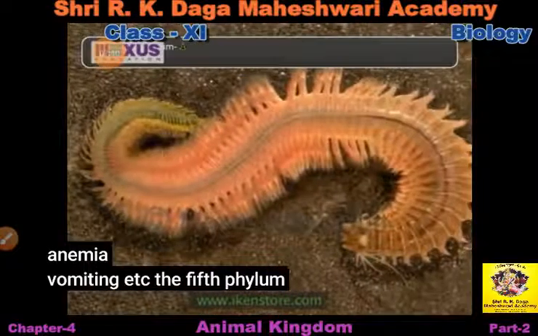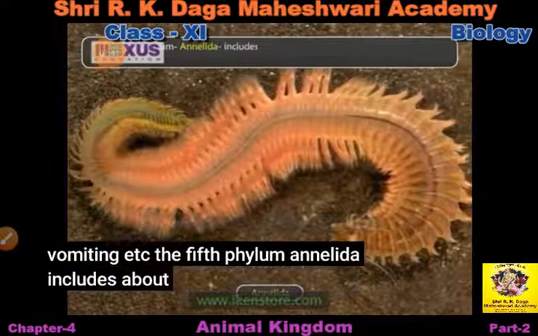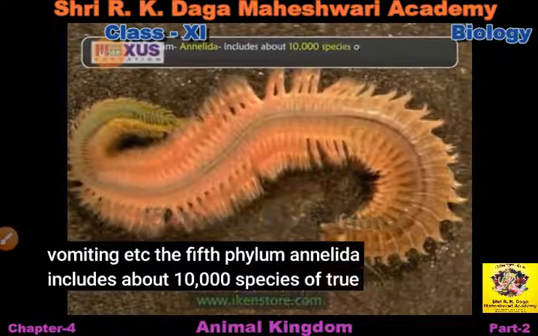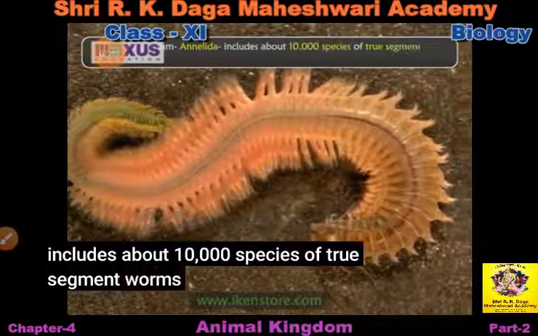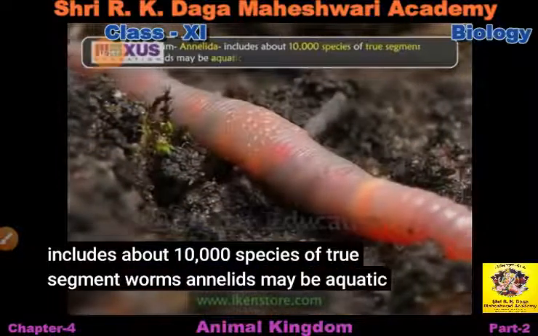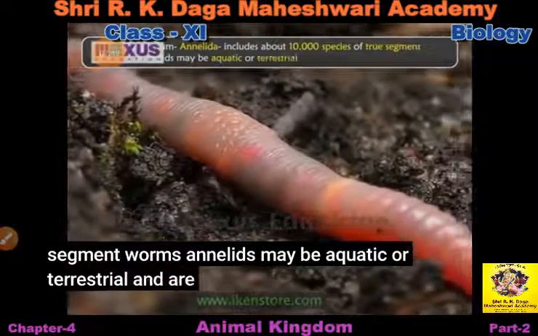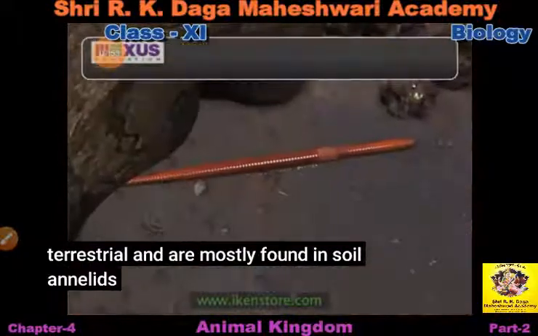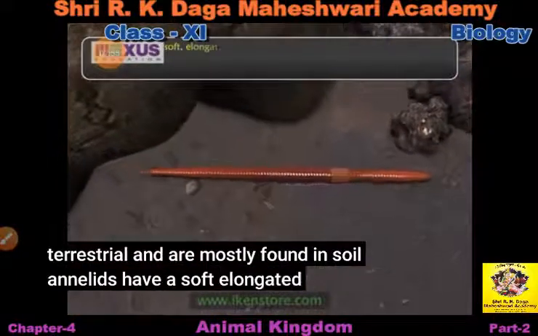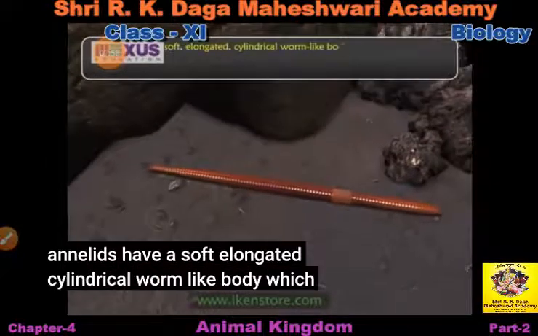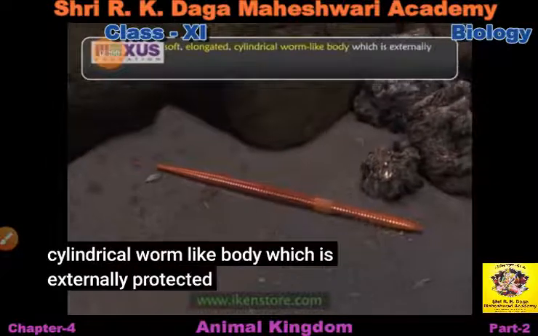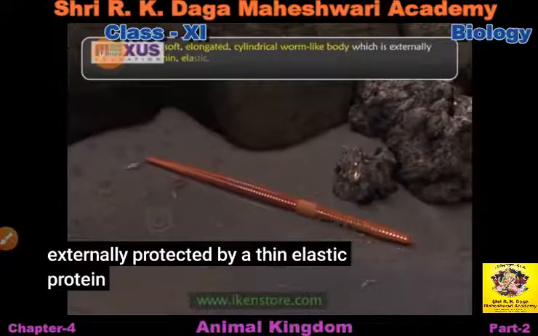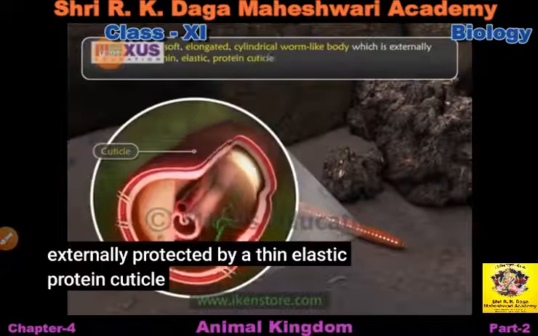The fifth phylum, Annelida, includes about 10,000 species of true segmented worms. Annelids may be aquatic or terrestrial and are mostly found in soil. Annelids have a soft, elongated, cylindrical worm-like body, which is externally protected by a thin, elastic protein cuticle.